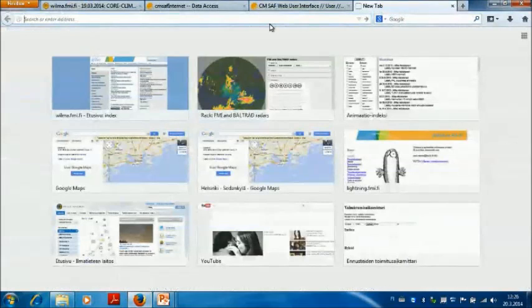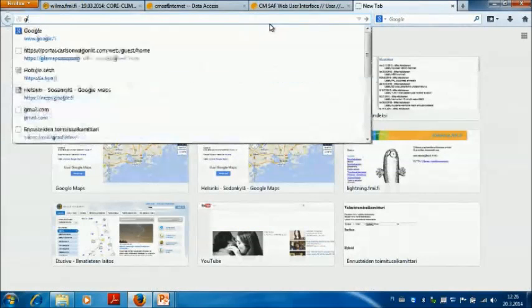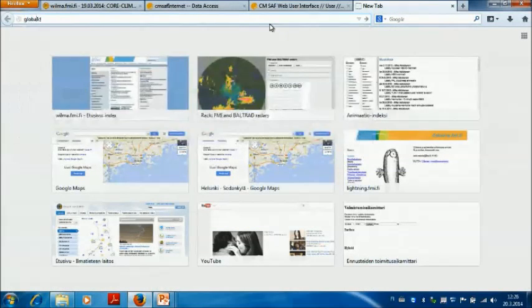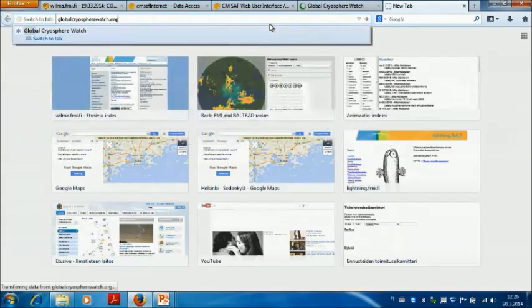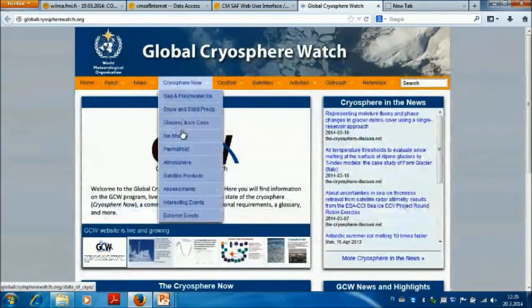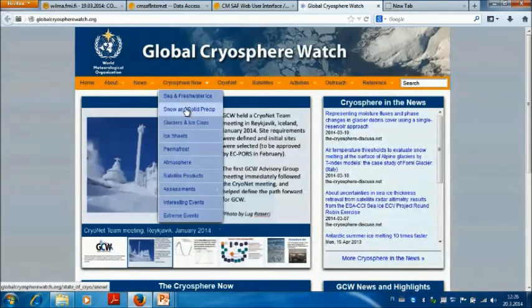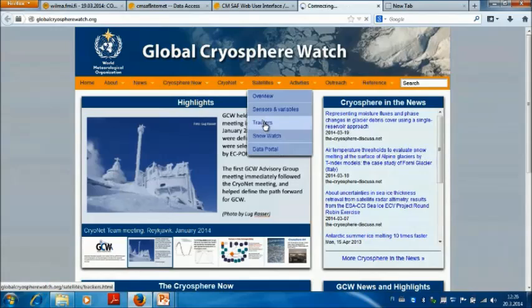I'm not sure if we're going to run into a demo effect, but let's try cryospherewatch.org. Okay, it's coming online. There are these satellite trackers.